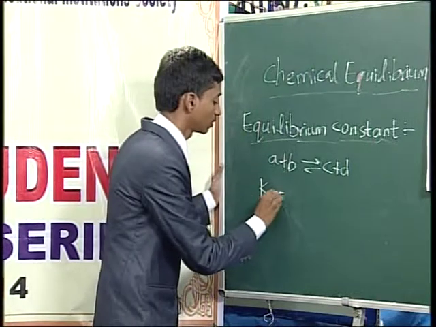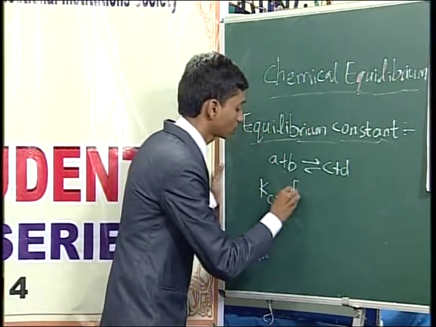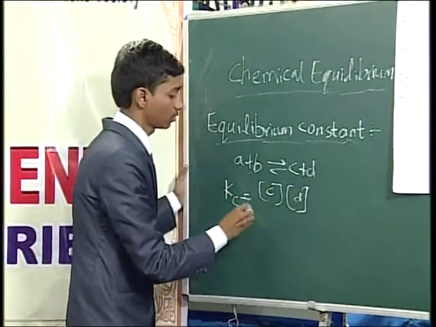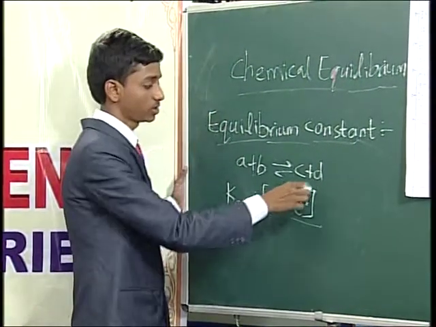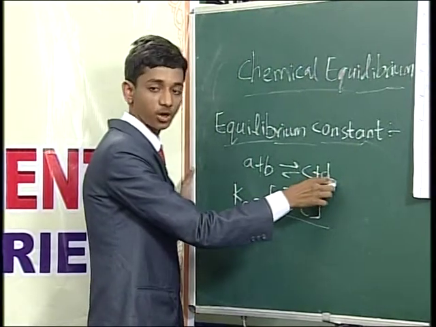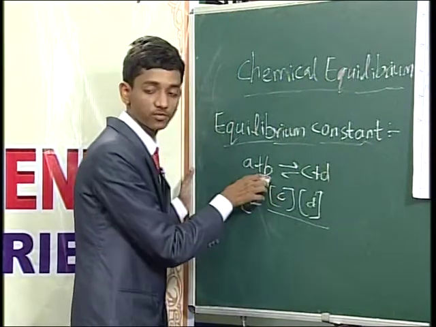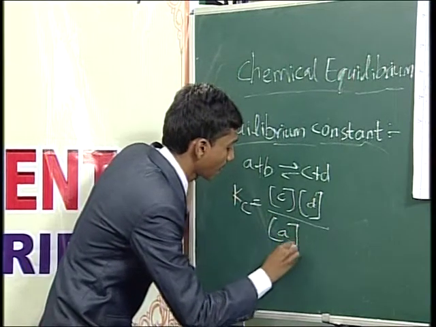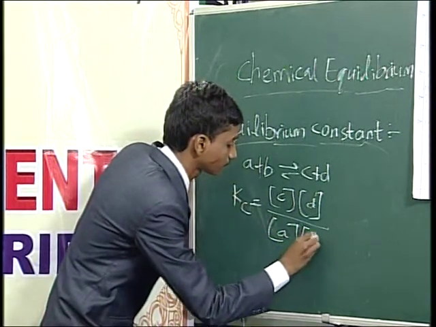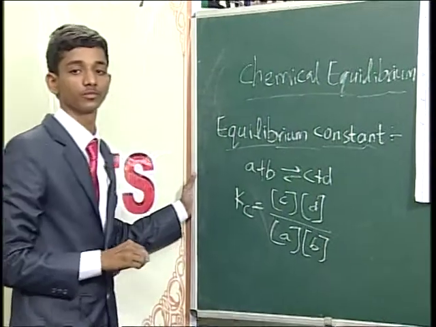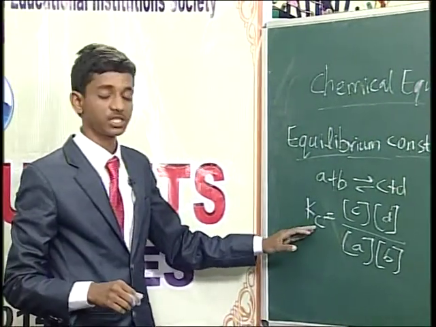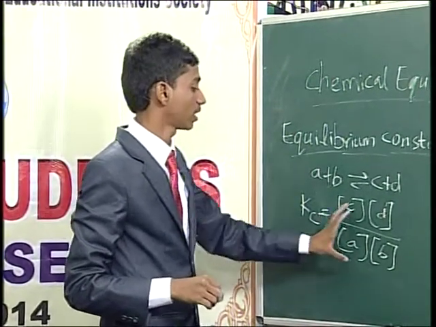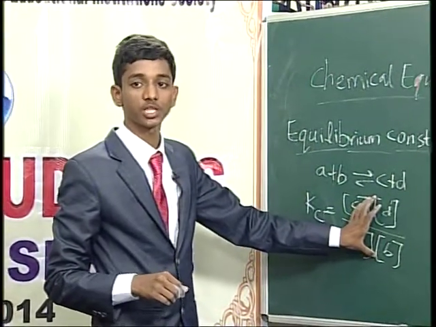This is the concentration of C to the concentration of D, which means the concentration of the products, divided by the concentration of the reactants, the concentration of A to the concentration of B. Here Kc is nothing but the equilibrium constant, and this is known as the equilibrium constant expression.